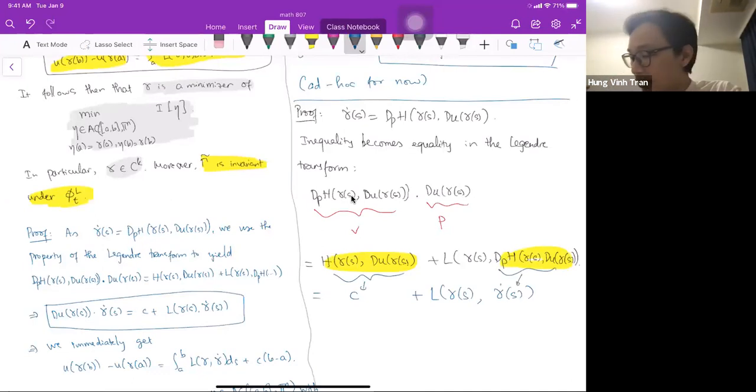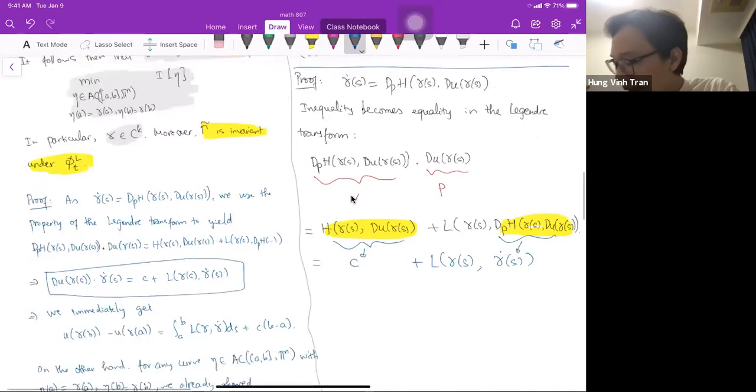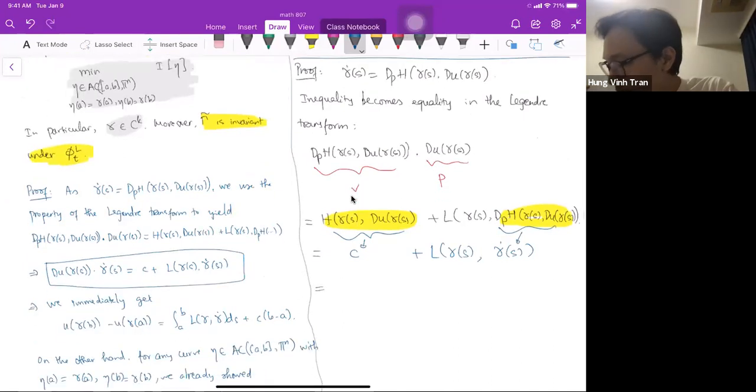So naturally we end up with this very nice equality, and that allows us to rewrite the whole equality: Du of gamma s dot with gamma dot of s, again by default that we chose it, is equal to c plus L of gamma s, gamma dot of s.